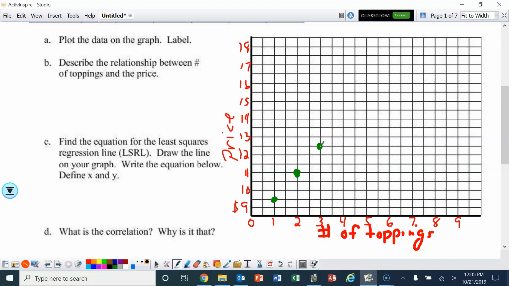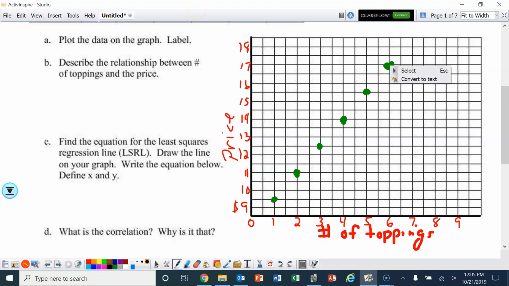Now I kind of see a pattern there, so I'm just going to keep following the pattern. So $4 will be right there at 14. Okay, that one's right there at 5 at 15.50, and 6 is at 17. Now I notice that these dots are in a perfectly straight line.